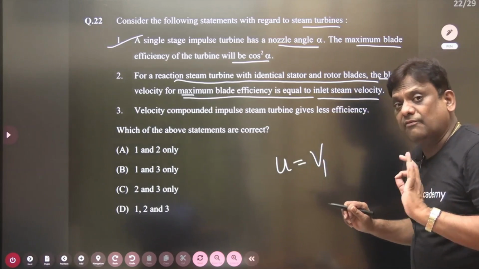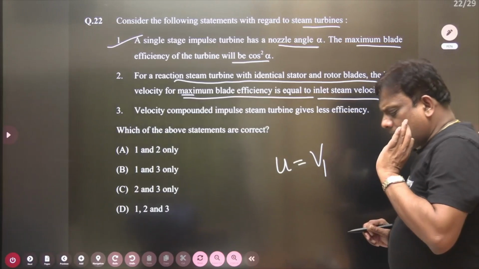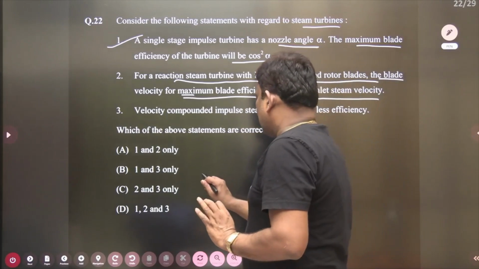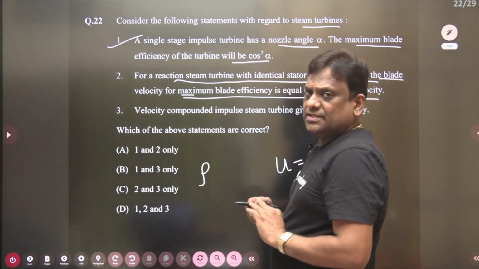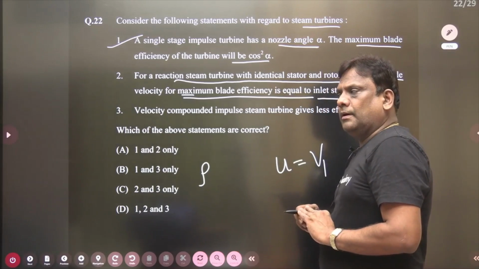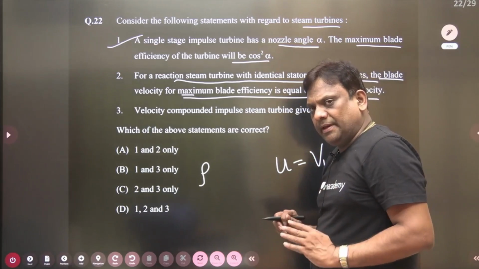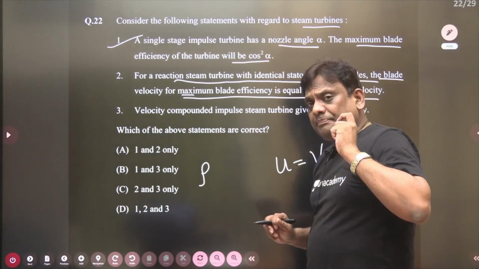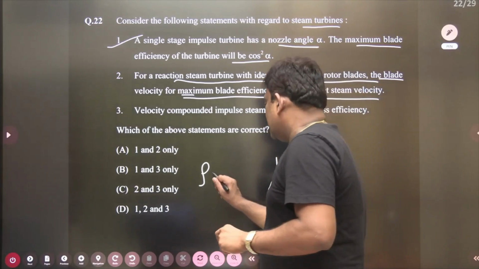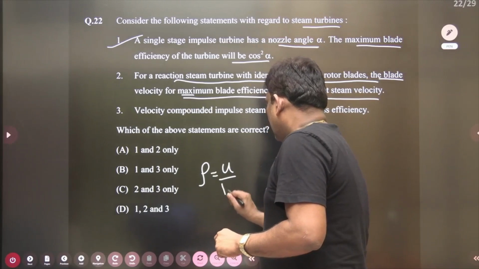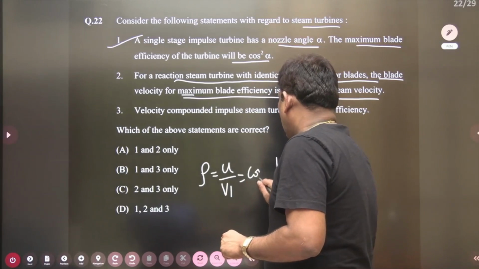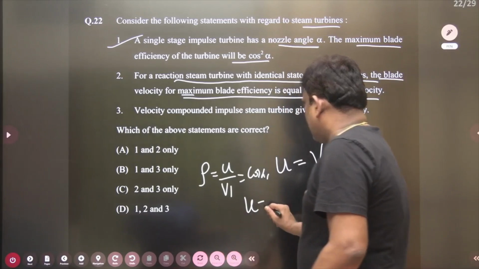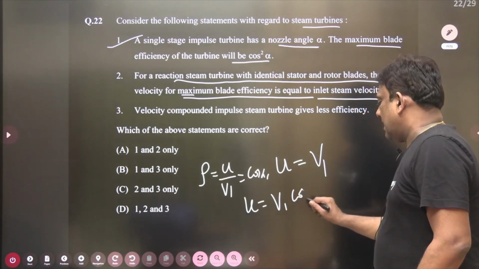Let us check the validity of this statement. I have derived an equation for the maximum efficiency of a 50% reaction turbine. The condition for maximum efficiency is the blade speed ratio rho, which is U by V1, equal to cos alpha 1. So U is equal to V1 cos alpha 1.